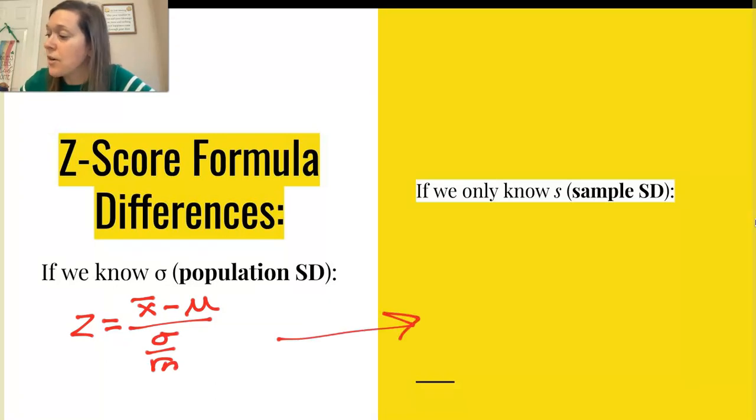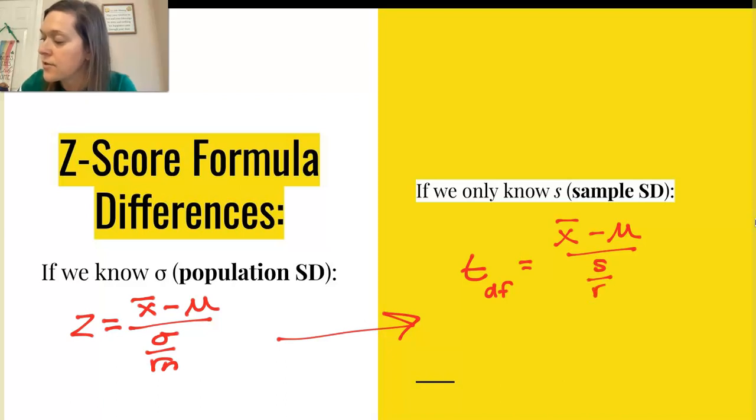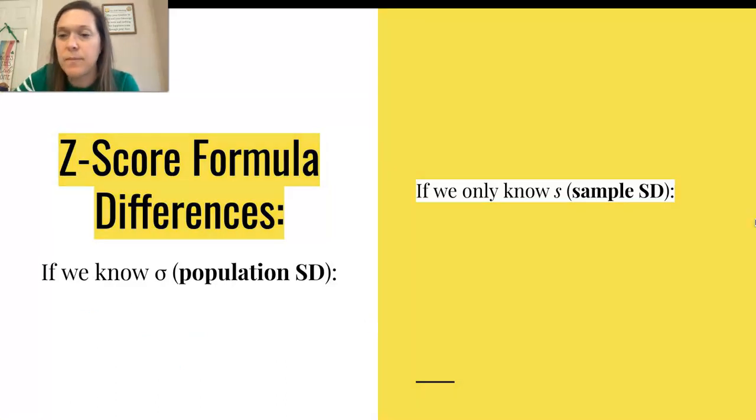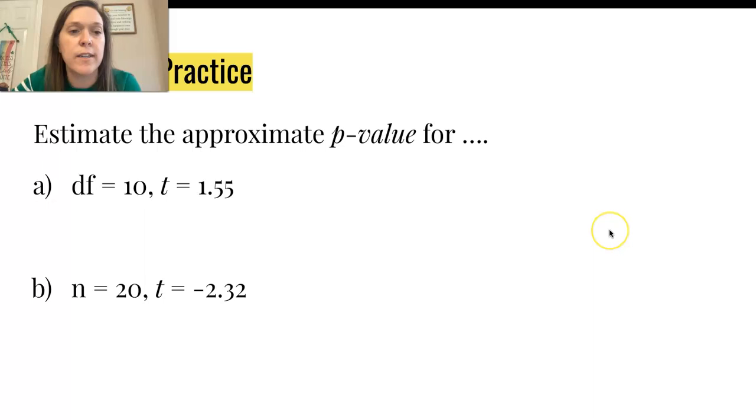But if we don't know the population standard deviation, we need to use the sample, then we're going to use our t-score, and we always put a little subscript of our degrees of freedom down there. It's going to be equal to x bar minus mu all over our sample standard deviation over the square root of n. Okay, so always attach that degrees of freedom as a subscript.